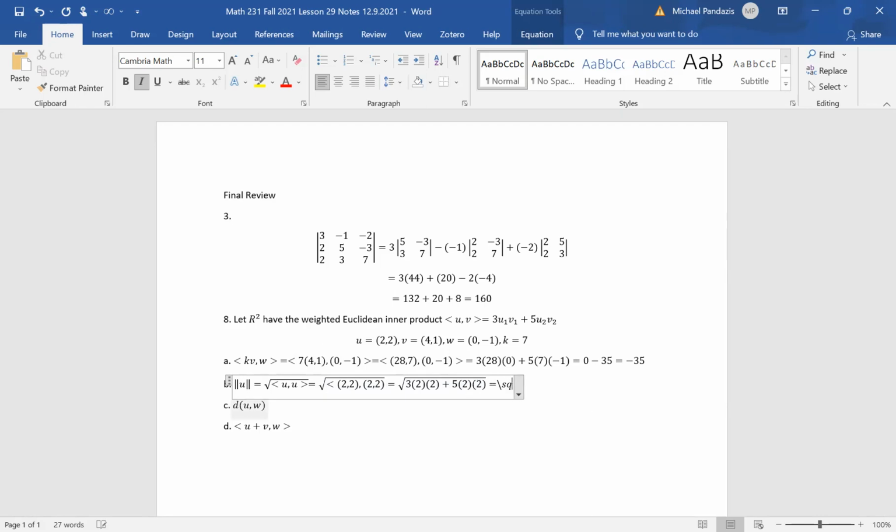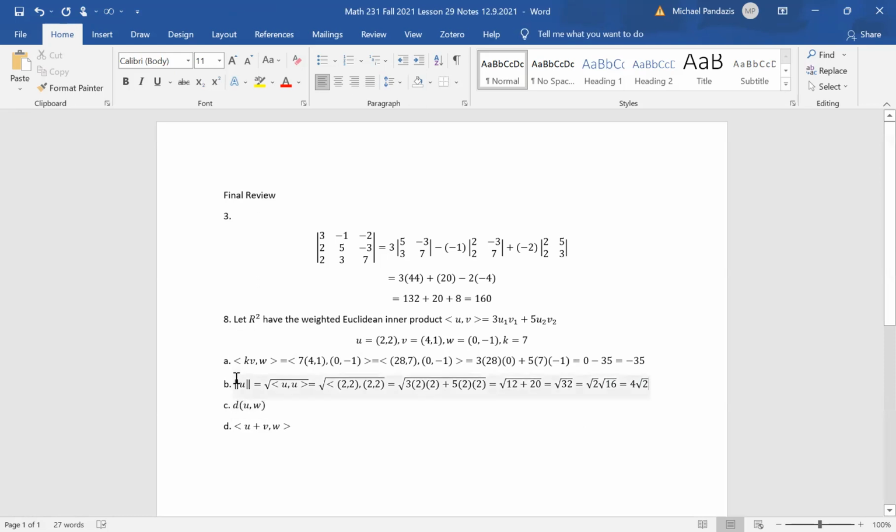So this is equal to the square root of 12 plus 20, which is the square root of 32. And this is equal to the square root of 2 times the square root of 16. The square root of 16 is 4, so I just rearranged it. So it's 4 root 2.